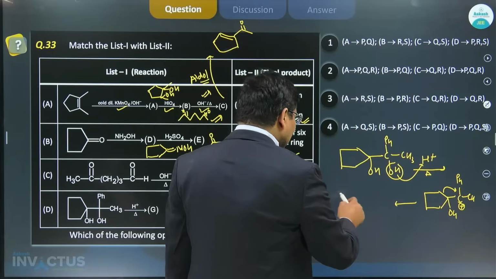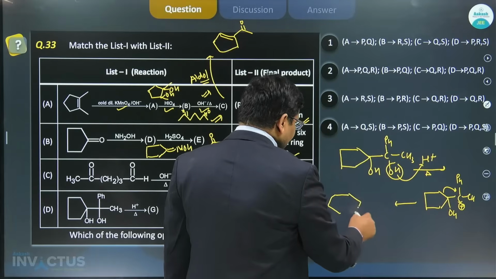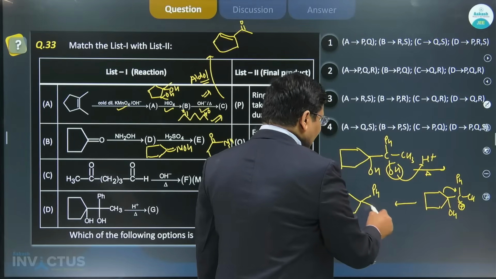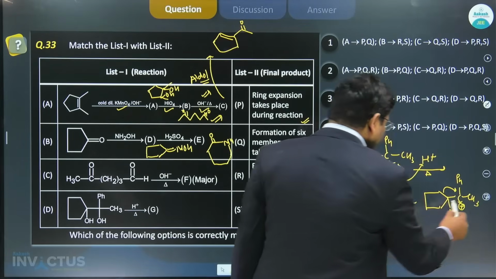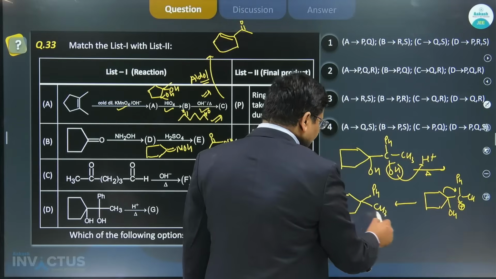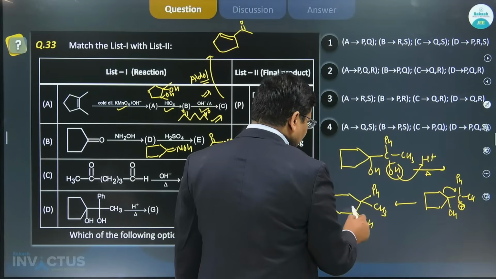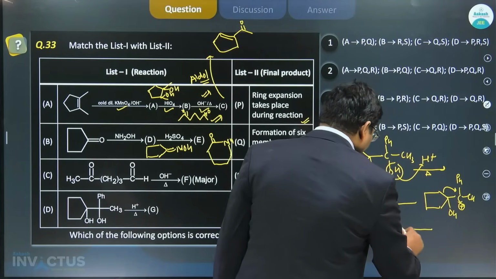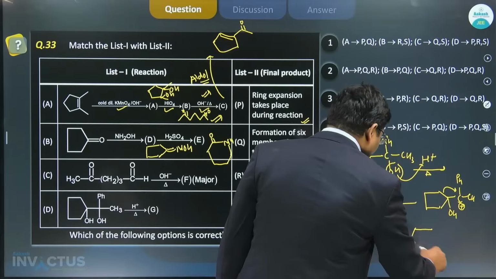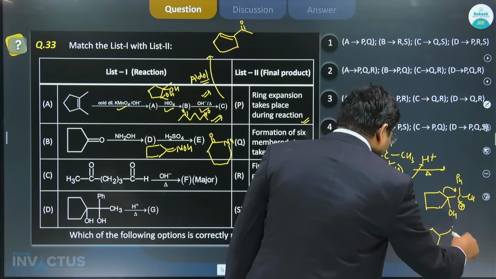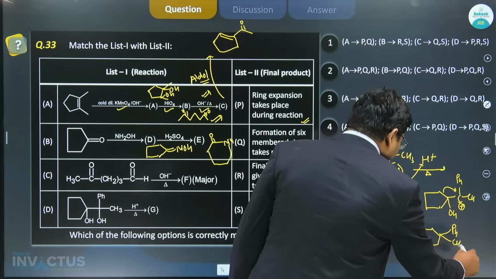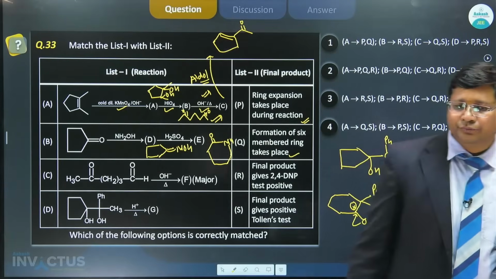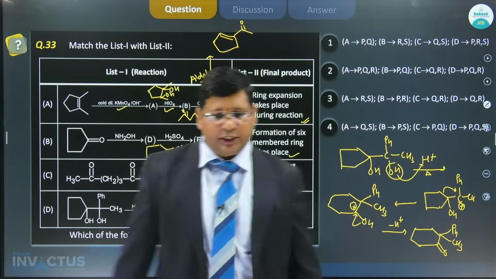Due to this ring expansion, this compound has Ph and this is CH3, and here is OH, and after losing H plus you will get the final product. I am just writing the final product so that it will be easier for everyone. Now check the option.